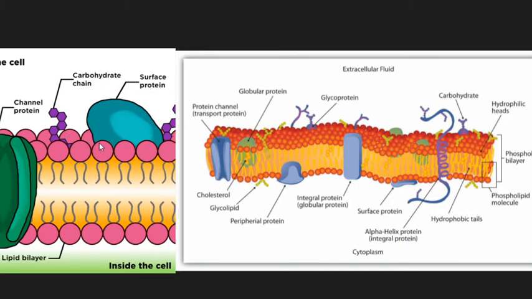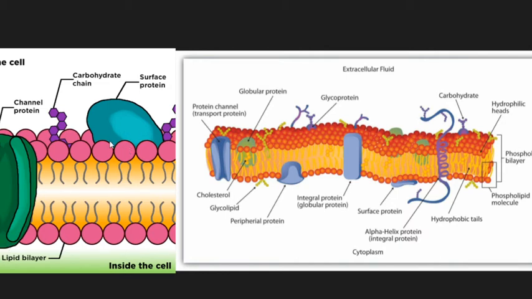Now we will discuss the types of protein. These are channel proteins, also called transport proteins or transmembrane proteins. They are hollow from inside and allow certain particles to pass through them.